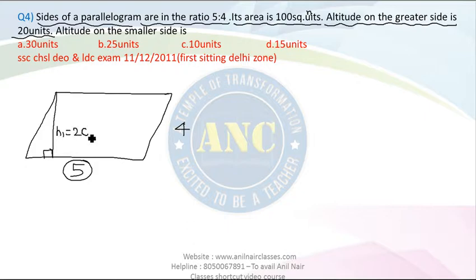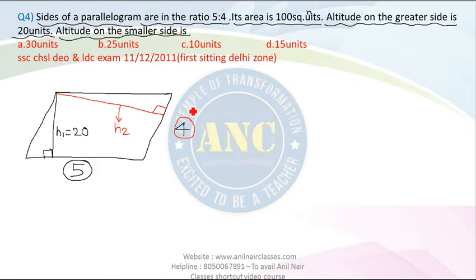H1 is given in the question as 20 units. Altitude on the smaller side is how much? That means smaller side is nothing but 4 units. Let me drop a perpendicular same like that. If I drop a perpendicular, this will be 90 degrees again. This I will call H2.